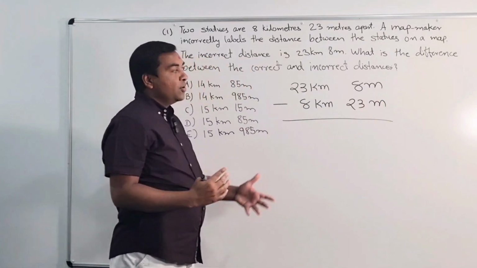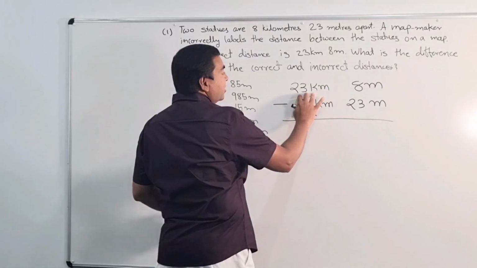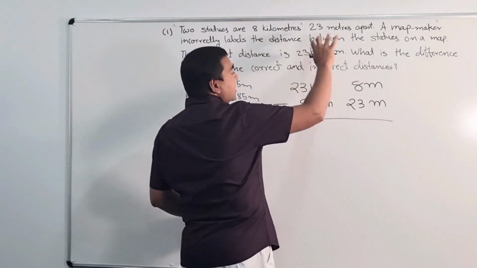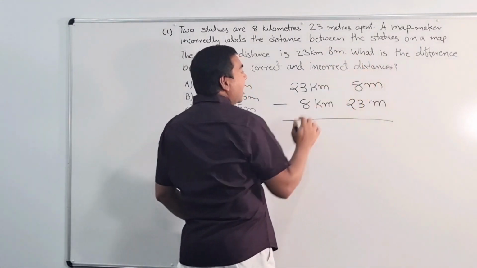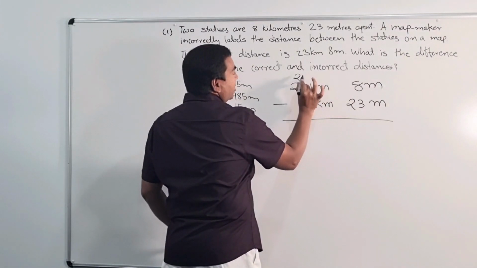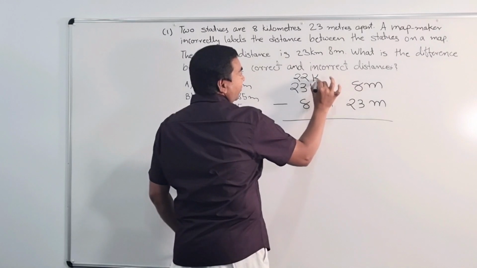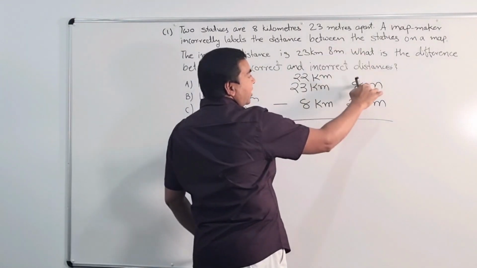So what I am going to do is change that 23 kilometer into 22 kilometer so that I can pass that 1 kilometer to meter, which is going to be 1000. So if I change that 23 kilometer into 22 kilometer, then I can give that extra 1 kilometer here.